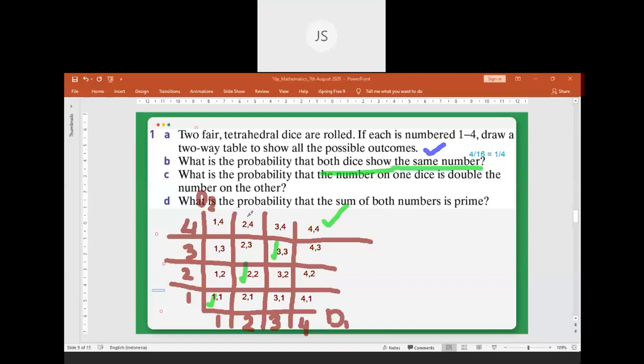But then the other is like 4, 2, right? The 4 is bigger than 2. Yeah, it's also okay. It says one dice is double the other one. So this is 2, 4. 4 is the double of 2. 4, 2. 4 is a double of 2.